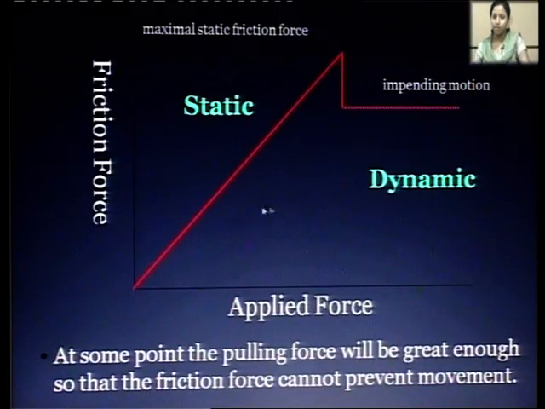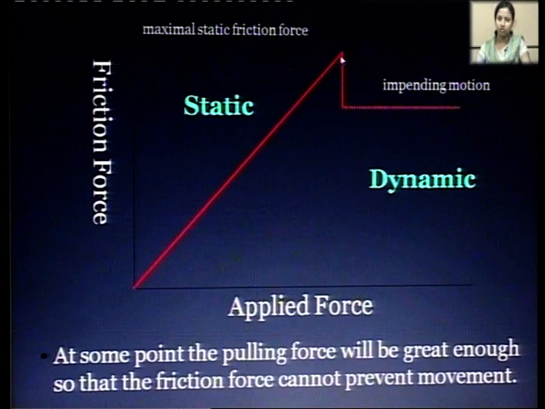Now we come to the important point which I already told you. If we increase the applied force on a body, then the frictional force also increases up to this point, and this friction is called static friction.